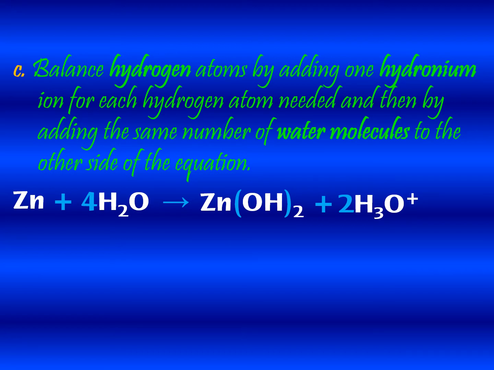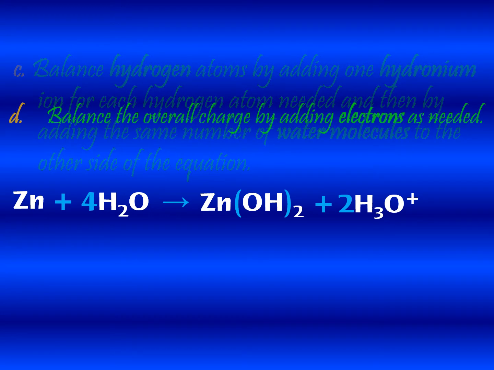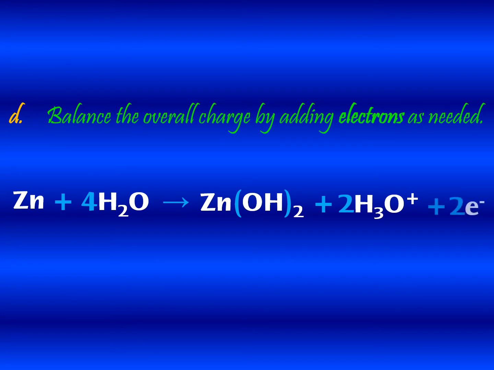And then what's the last thing we need to do? Oh yeah, the charges need to balance. Notice that there's a positive charge on hydronium and there's 2 hydronium, so in order to balance out two positives, what do we need? We need two negatives. So this gives us half of our redox reaction.